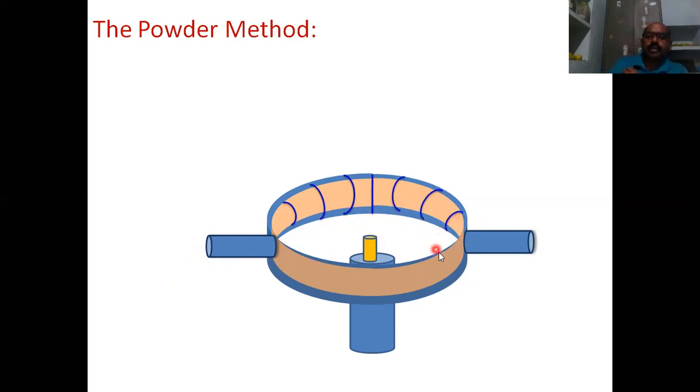Here the circles have a smaller radius of curvature, and as we come this side, the radius of curvature of the curves increases. At this angle it is 90 degrees, corresponding to a 45-degree angle of incidence. The planes which make a 45-degree angle of incidence with the X-ray make these vertical lines.